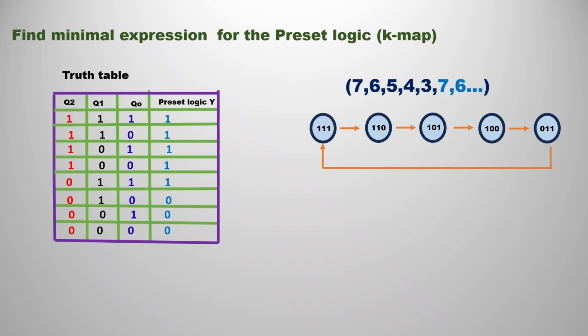So preset means all the outputs Q2, Q1, Q0 would be preset to 111. That is the main logic of preset. If you observe, the first 5 cases are highlighted with the preset logic as 1, and the remaining 3 cases are 0 because those are to be reset. Those are invalid states or unused states in the counter.